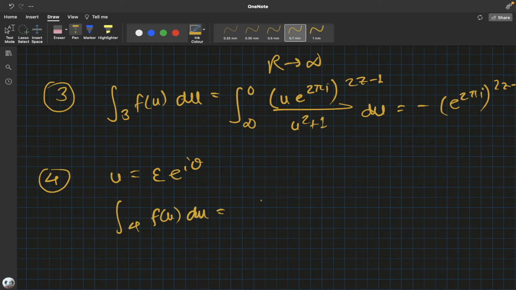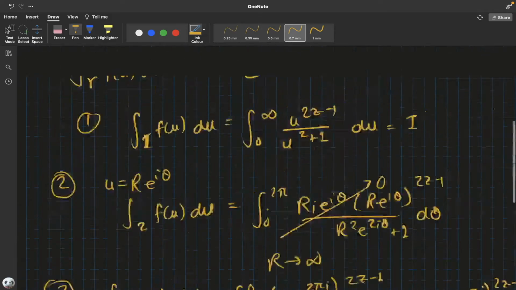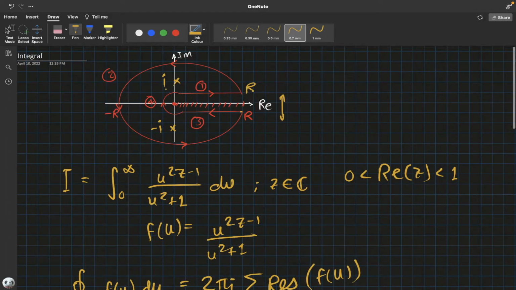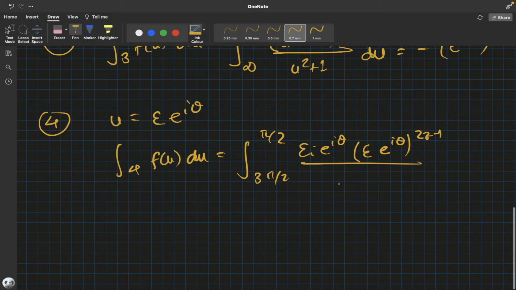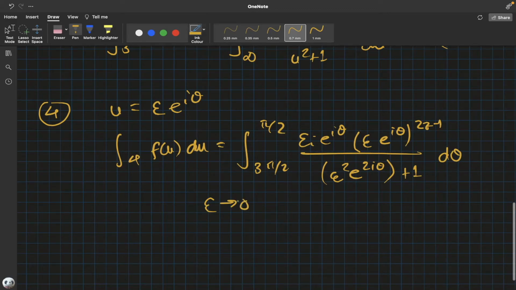So I write this out: the integral from 3 pi over 2 to pi over 2, because of the orientation, of epsilon i e to the i theta, epsilon e to the i theta to the 2z minus 1, over epsilon squared e to the 2i theta plus 1, d theta. So as epsilon goes to 0, the denominator is 1, the numerator is 0. So this guy also goes to 0.